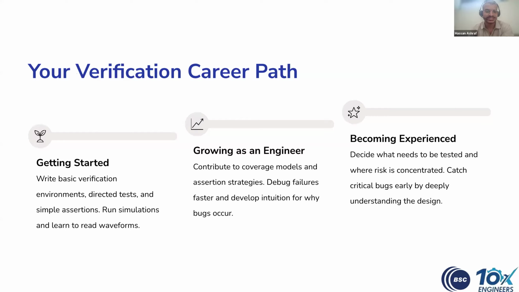In the next stage, growing as an engineer, you will own a complete block from the test plan and coverage plan perspective, and debug failures. As you have spent some time with the code, your debugging skill would have become faster, and you would have developed intuition for why a bug occurs and where to start first.